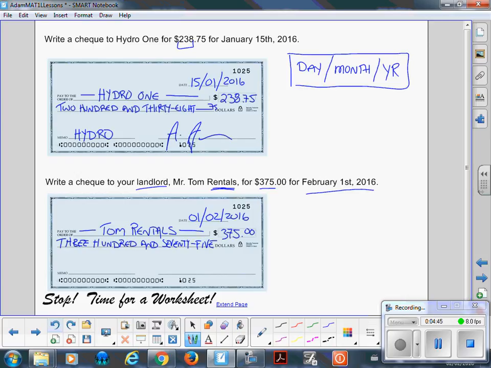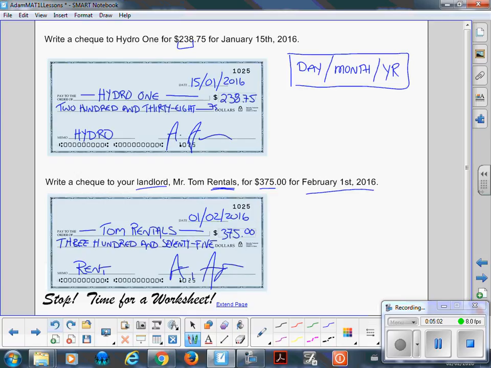As best I can write it there. No change this time, so I don't have to indicate the zeros. Memo line, I'm going to say this is for rent. And my cool signature again. All right. And there we go.